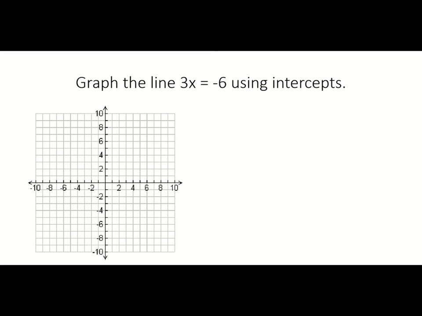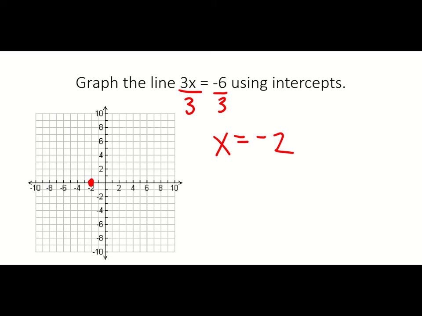The other special case is when we graph the line 3x equals negative 6 using intercepts. So we want x to be by itself, so we need to divide both sides by 3 to find that x equals negative 2. When x equals negative 2, that means we need to plot points when x is always negative 2. So we're going to start on the x-axis at negative 2 and plot a point. And then I need to pick 2 more points where the x value is still negative 2.